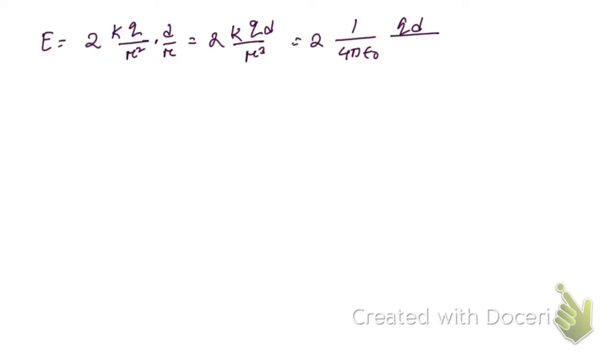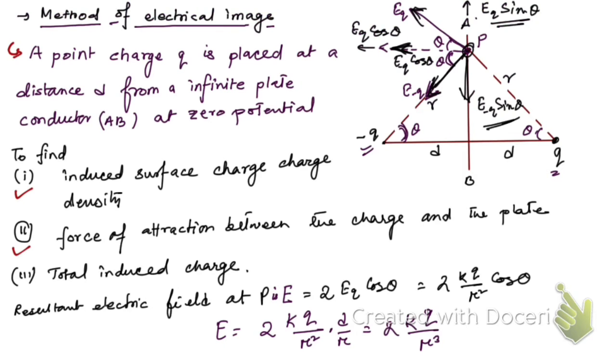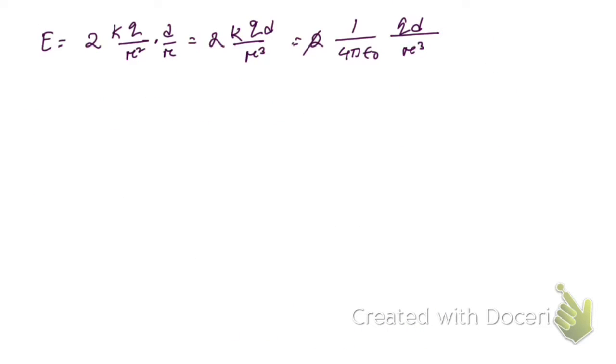Now the factors cancel, so you can simply write E equal to q d by 2 pi epsilon naught r cube. That's what we're going to have.